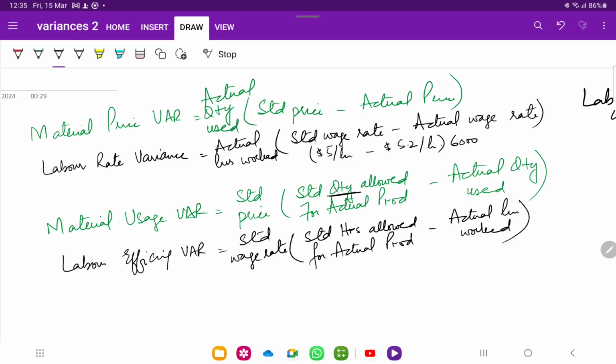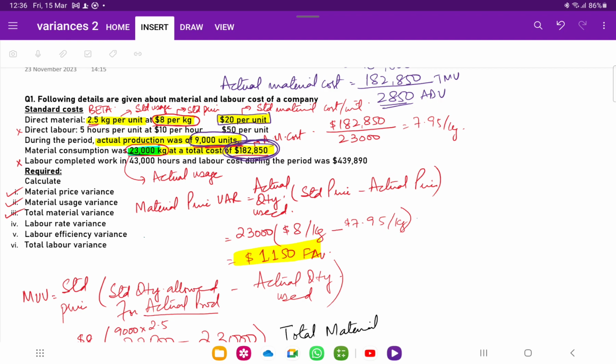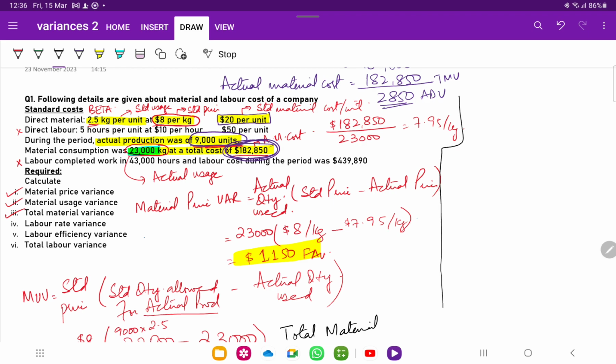So let's start with another question. Okay, so this is the question which we did for material. Let's start the same question with respect to labor. If you want to calculate the labor rate variance, you have to consider the standard wage rate of labor minus the actual wage rate of labor, multiplied by actual hours worked. The standard labor wage rate is $10 per hour.